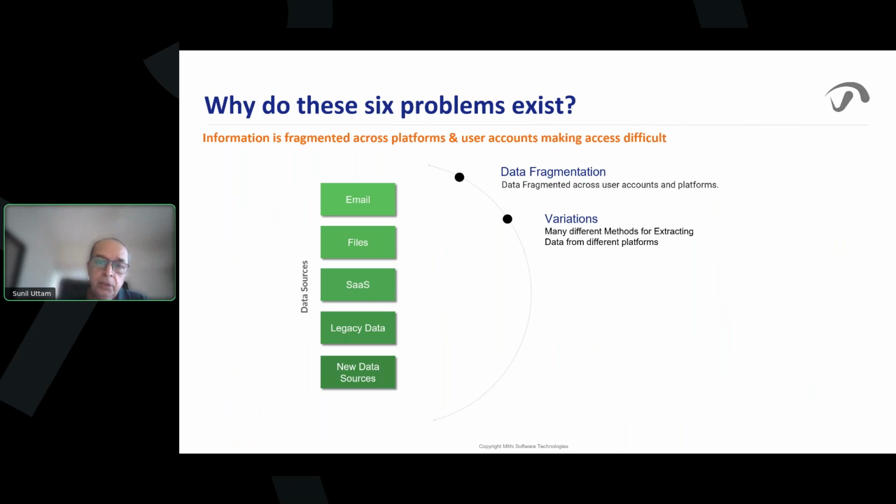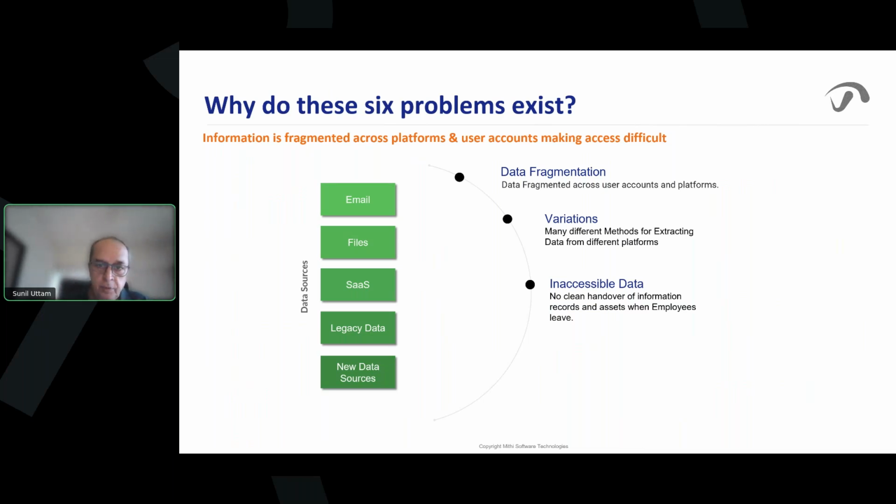So variations is creating another challenge. Data is not easily accessible, which means that maybe it's deleted. Maybe the new employee who took a handover doesn't have the old data. Lot of challenges there. We have seen customers talk about when they get an audit request, they are hunting here and there, trying to figure out, first of all, where the data is. Only then can they pull it out.